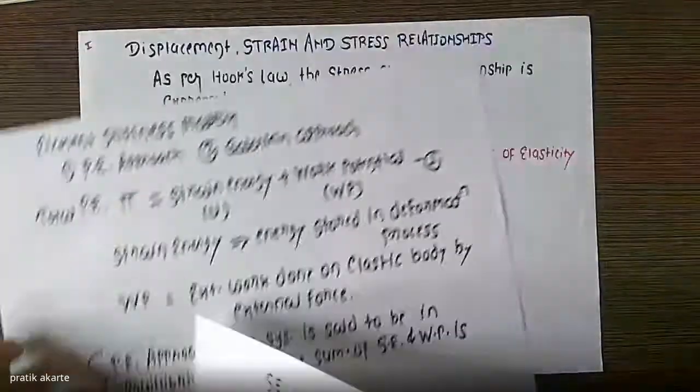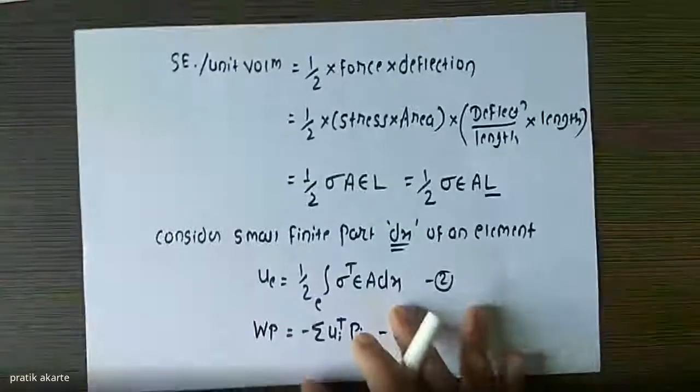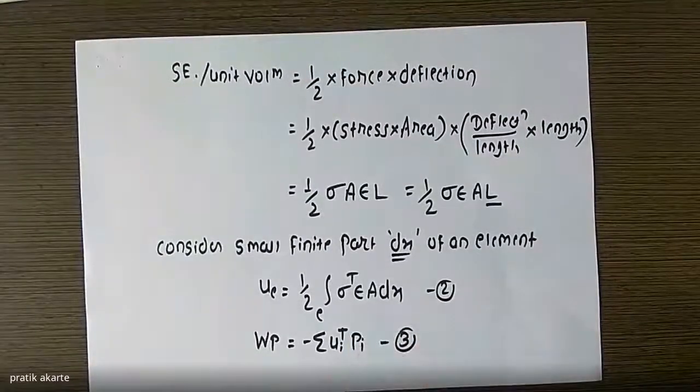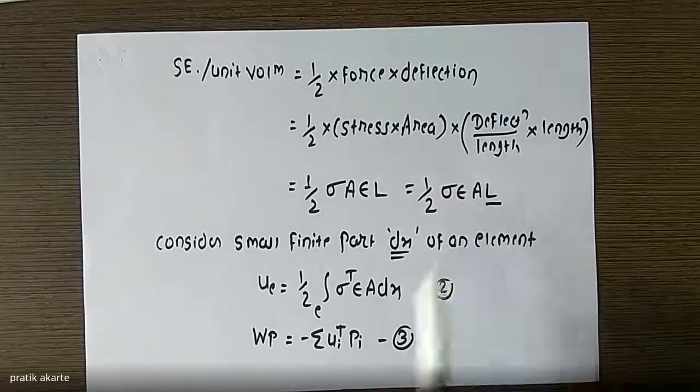After that, we discussed that strain energy per unit volume is half of force into deflection, where force is stress into area, and deflection we tried to write in terms of strain, deflection upon length into length, and we formulated this equation.